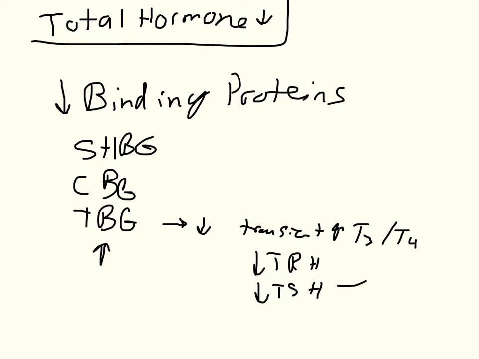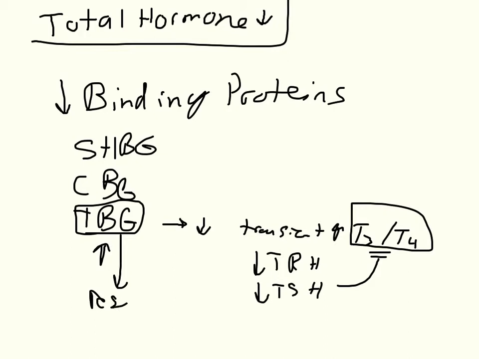So you would get a decrease overall in T3 and T4 production. And that will continue until the free T3 and T4 is what your body needs. And so even though you have a decrease in thyroid binding globulin, you don't have any changes in the free hormone. However, you do have a reduction in reserve. Your reserve hormone is changed, it's depleted.